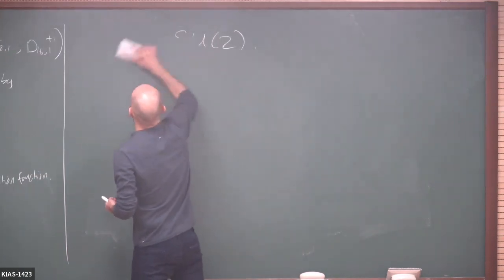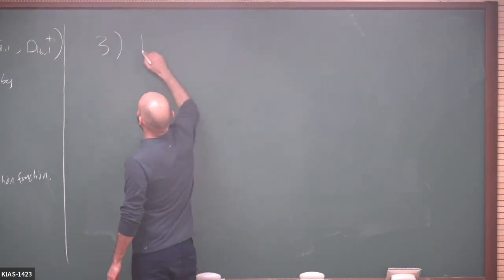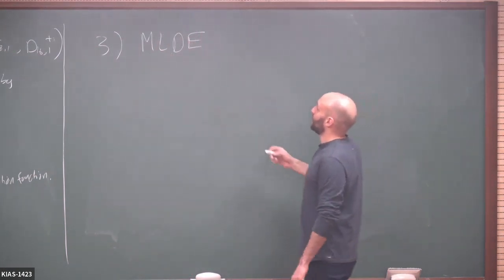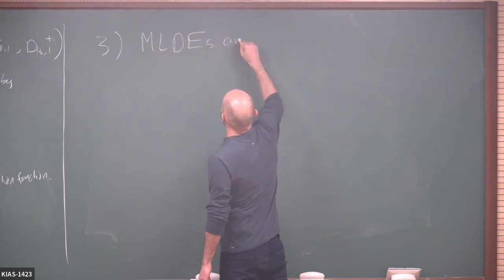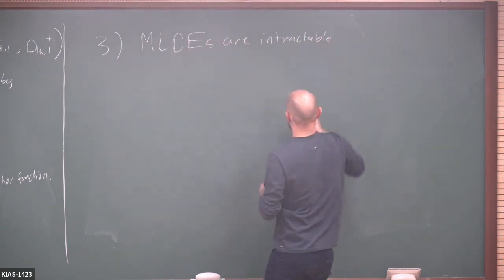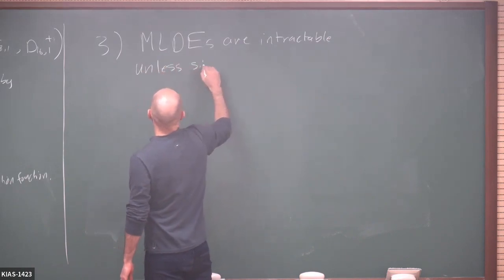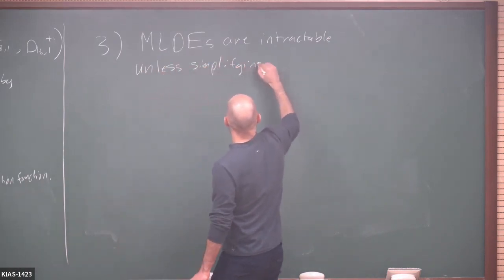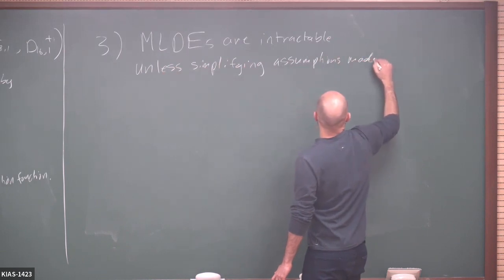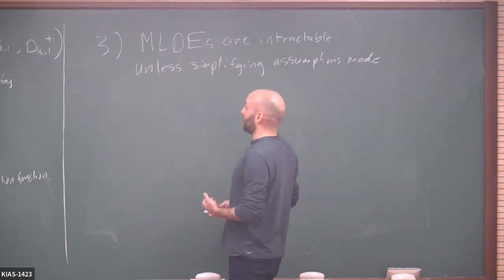Another shortcoming is that a lot of the studies that have been done make use of modular linear differential equations to construct characters. And those MLDEs are kind of unwieldy unless you make some simplifying assumptions. So for the experts, what I mean is that typically you have to take the Wronskian index of the MLDE to be small.